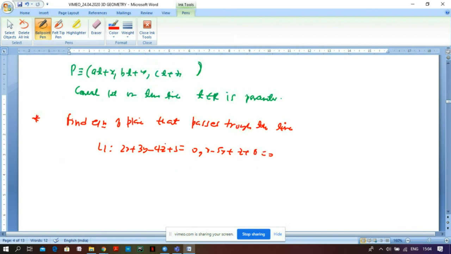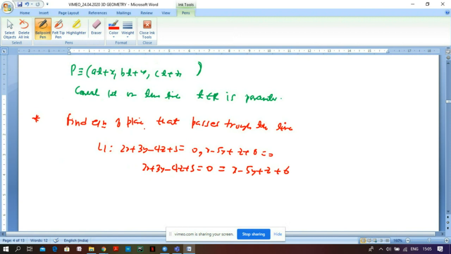It is the same thing as writing 2x plus 3y minus 4z plus 5 equal to x minus 5y plus z plus 6. Comma means and here.